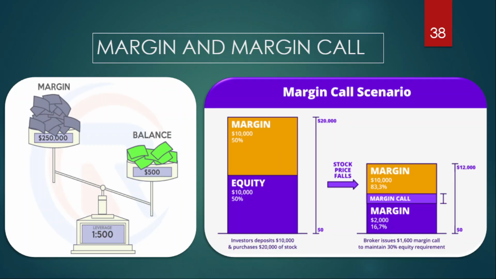Using this leverage of 1 to 500, having $500 in your account, this means that you can open trades that are equivalent to when you have $250,000 in your account.